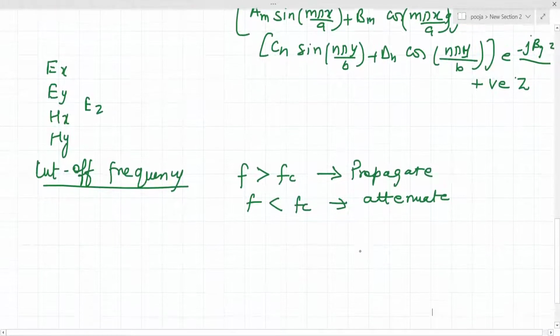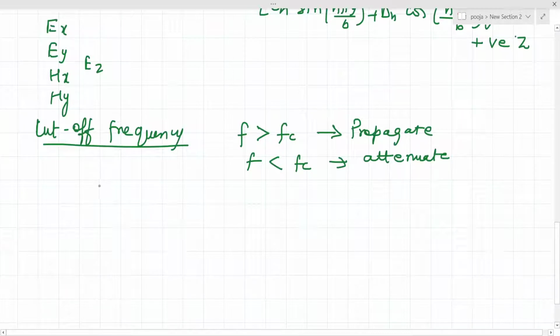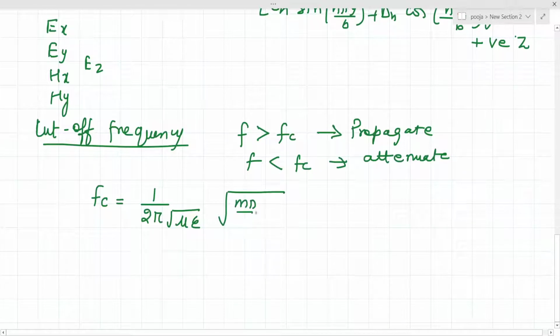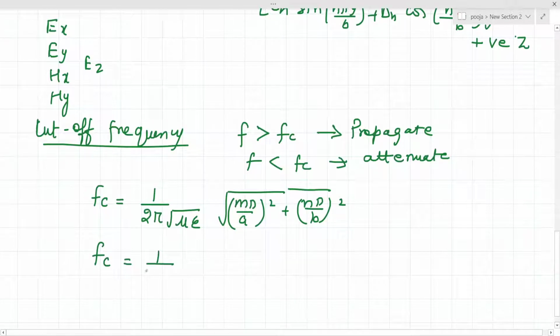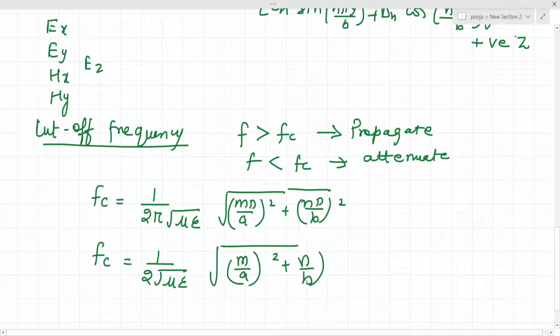So what is the cutoff frequency? We derived it for the TE wave. It will be the same in TM mode also, which will be 1 over 2 pi under root mu epsilon, times the square root of (m pi by a)^2, which is kx square, plus (n pi by b)^2, which is equal to 1 by 2 under root mu epsilon times the square root of (m by a)^2 plus (n by b)^2.